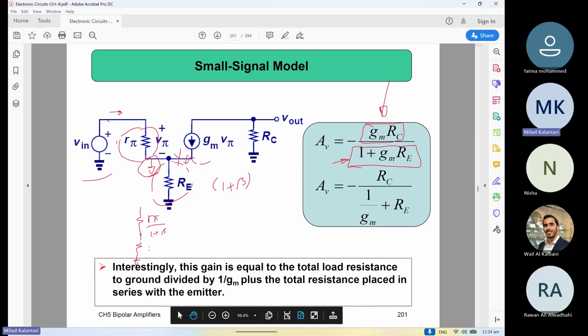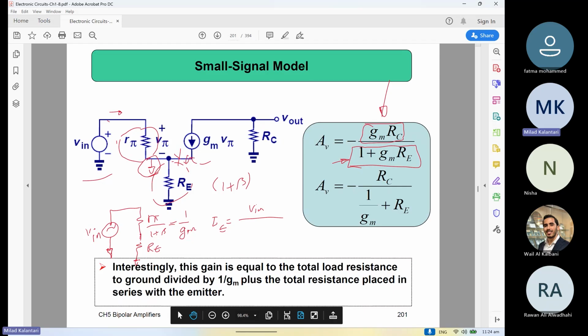And then you have this RE, and you have the source, right? And then what would be this current? This is the V in. The emitter current would be your V in, right? This value, I just write it a little bit simplified, can be written as 1 over GM basically.